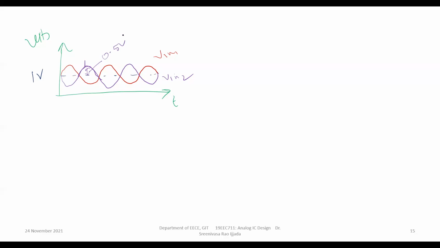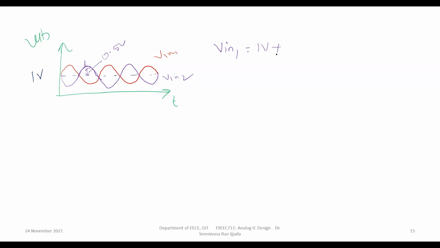Then what is Vin1? You can write the formula: Vin,CM plus V naught cos omega t.